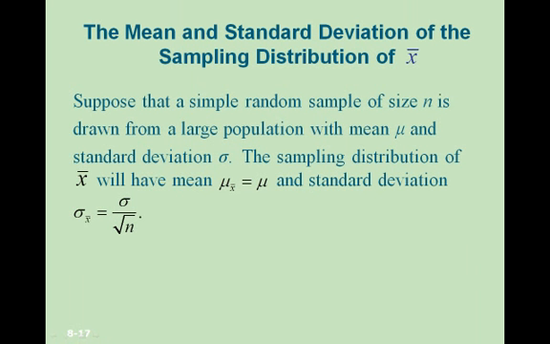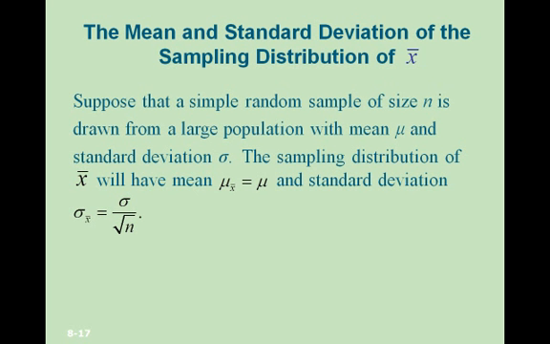So let's look at the mean and standard deviation of the sampling distribution of x bar. Suppose that a simple random sample of size n is drawn from a large population with mean mu and standard deviation sigma. The sampling distribution of x bar will have a mean mu sub x bar, which is equal to the mean of the population.